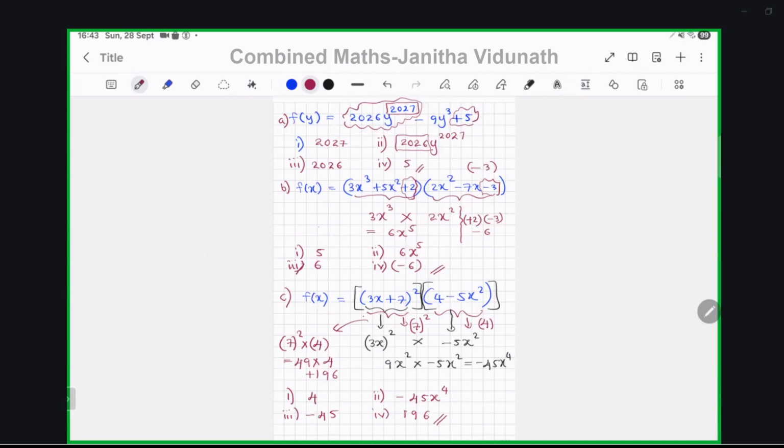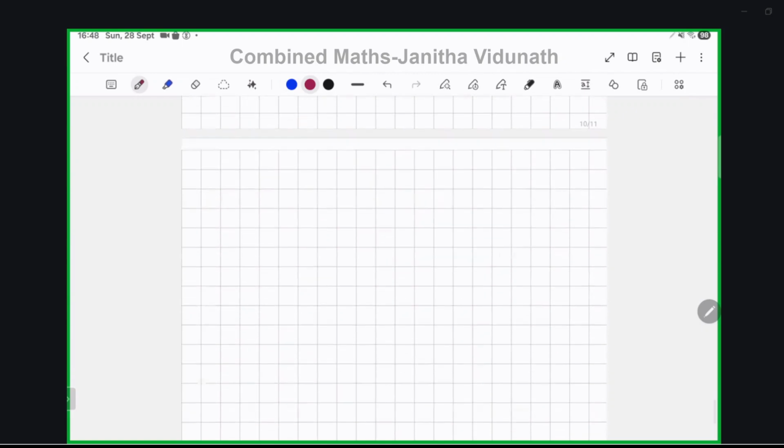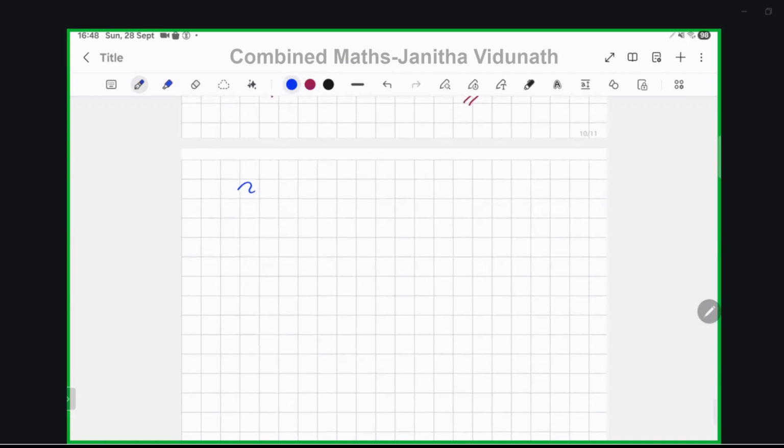Before doing the next question, I will explain how to substitute values into our functions. Here, let's think we have a polynomial function f(x) equal to 2x plus 7.